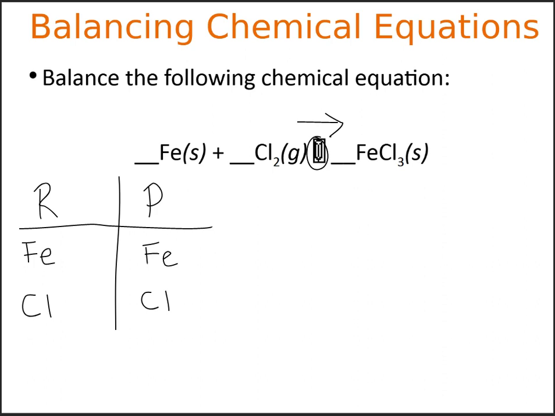Yep, we got a couple of votes. Yeah. So we've got one iron. How many chlorine atoms do we have? Yep, we've got 2.